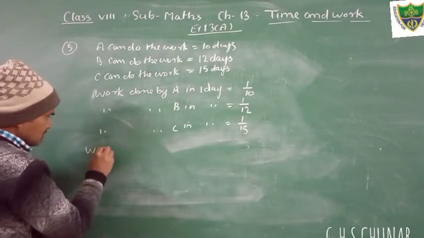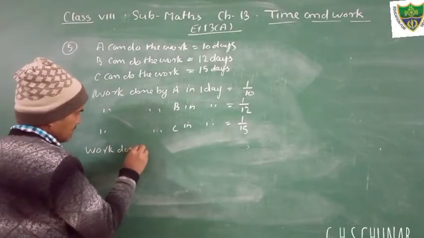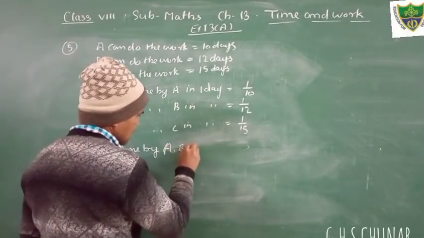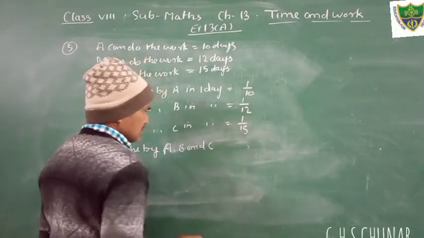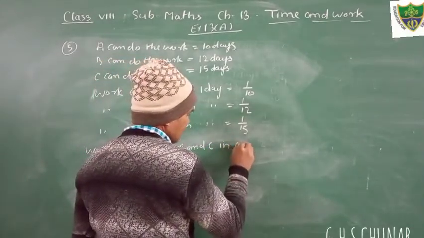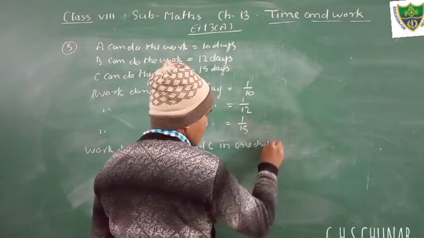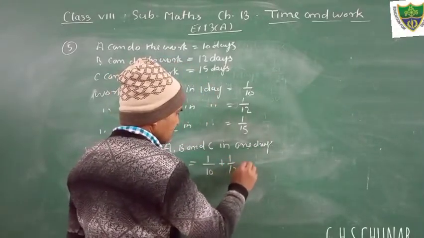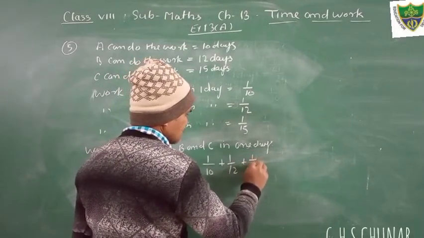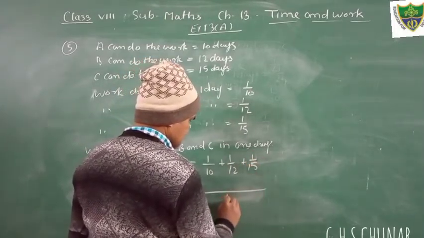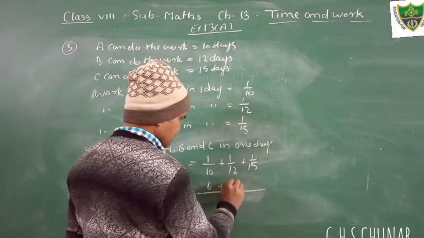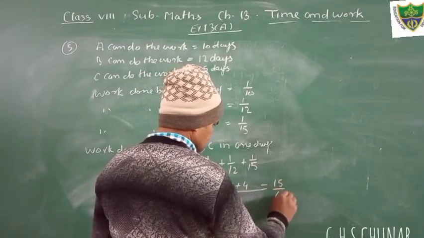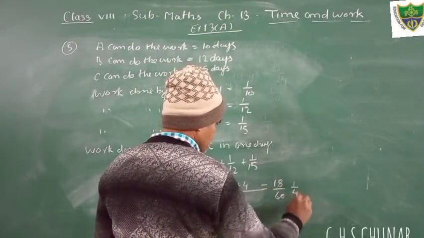Then work done by A, B and C in 1 day is 1 upon 10 plus 1 upon 12 plus 1 upon 15, that is 6 plus 5 plus 4 upon 60, which is 15 upon 60, 1 upon 4.